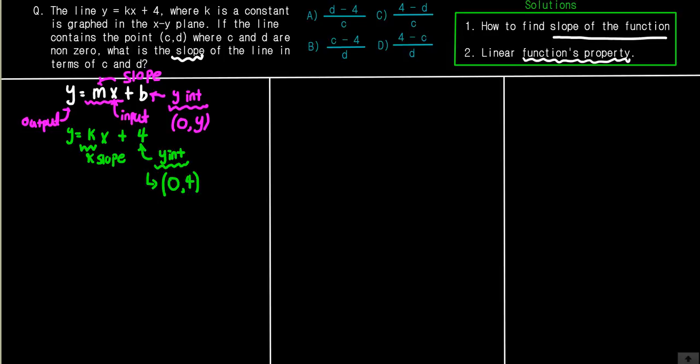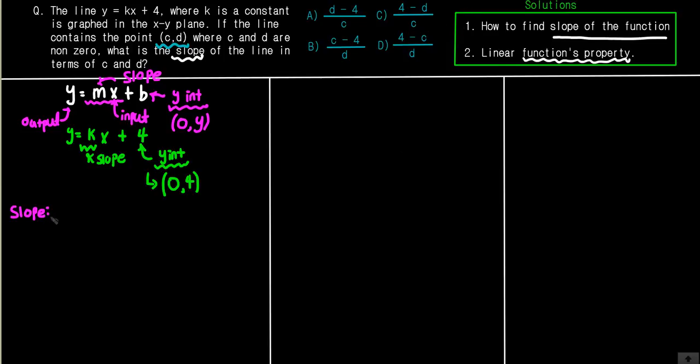We figured out one coordinate, and they gave us another point, (c, d). But we need to think about how to find the slope with these points. Finding the slope also involves a linear function property.